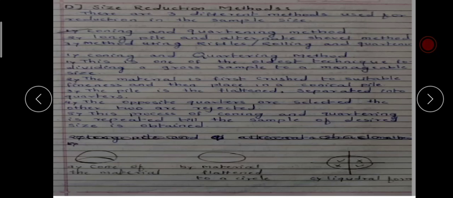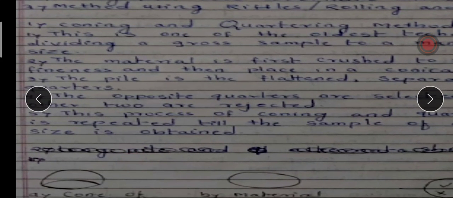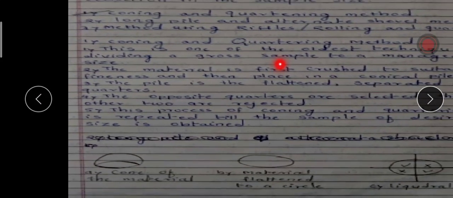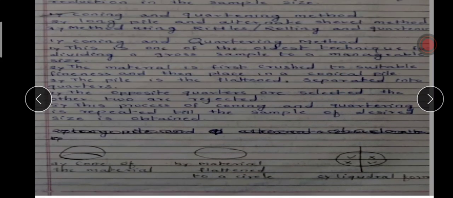In the first, the coning and quartering method, this is one of the oldest techniques for dividing a gross sample to a manageable size. The material is first crushed to a suitable fineness and then placed in a conical pile.